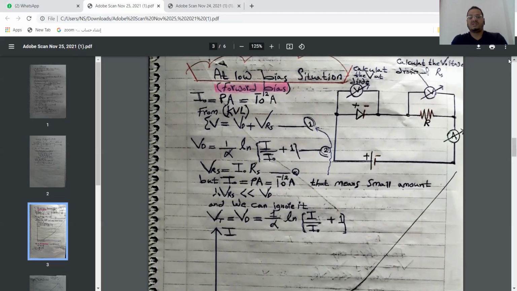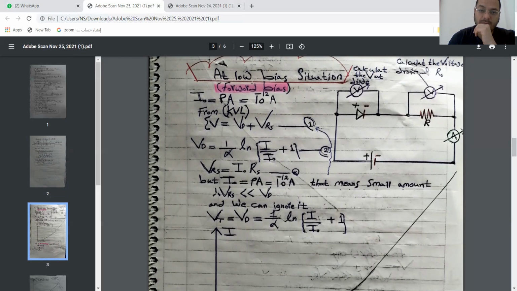At low bias saturation, like I said before, Vs, the source voltage, equals the Vd, the diode voltage, plus the potential difference at the Rs resistance.